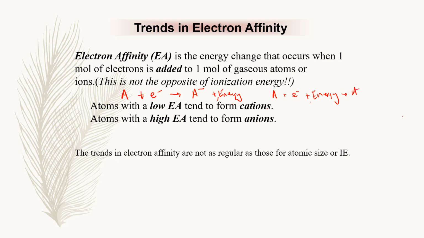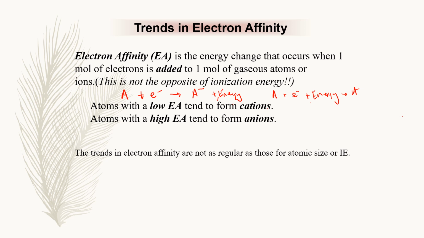Now, one of these two processes is favorable to the other, and the answer to which one is the favorable process is going back to the relationship that we've always been talking about with energy for the atoms. They always want to be as low in energy as possible.